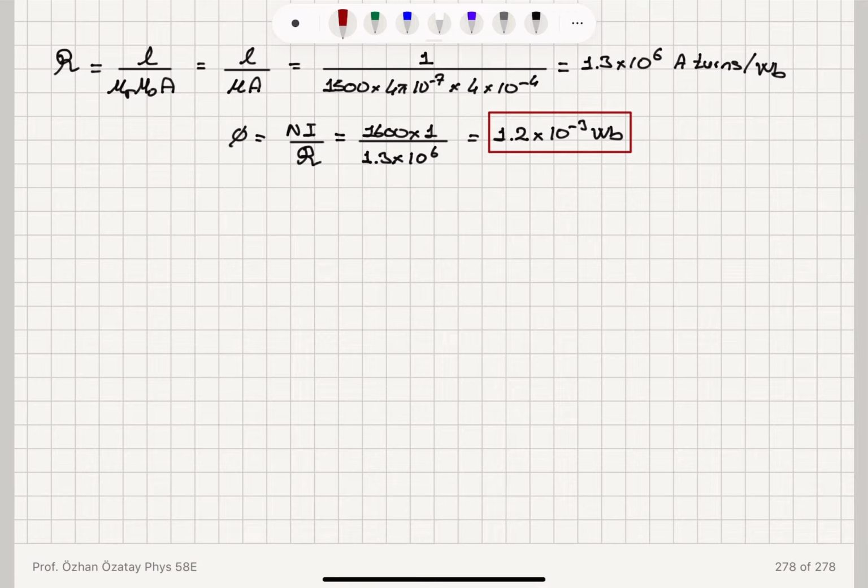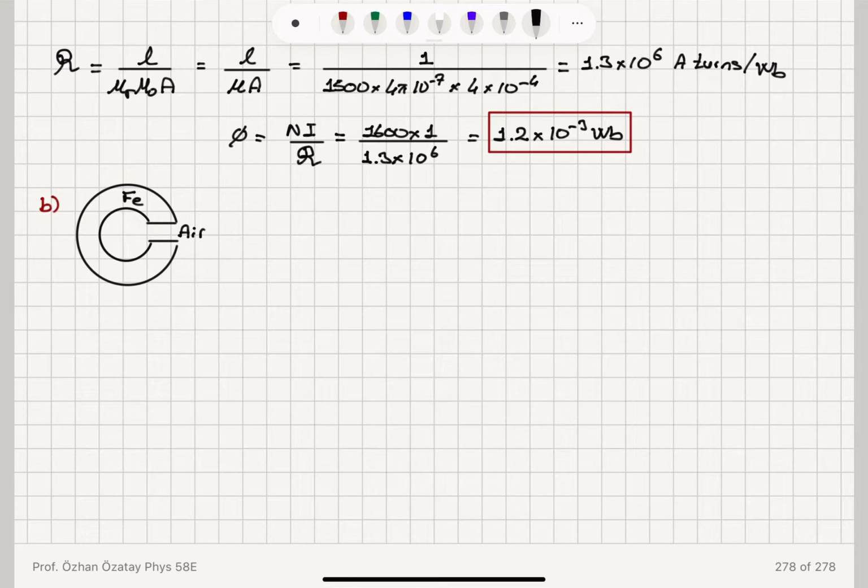Now in part B, we are introducing an air gap, so the toroid now has this air gap here. This is now air and this is iron.